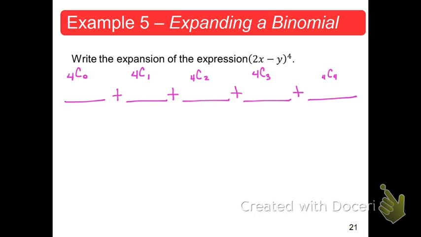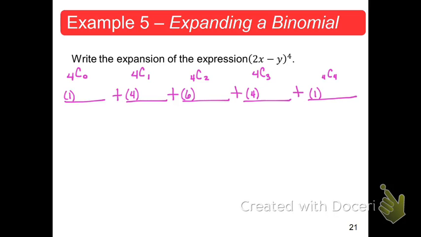So I could use my calculator to find that 1, 4, 6, 4, 1. Okay? So if you do 4C0, it's going to tell you 1. If you do 4C1, it's going to tell you 4. 4C2 is going to tell you 6. 4C3 is going to tell you 4. And 4C4 is going to tell you 1.